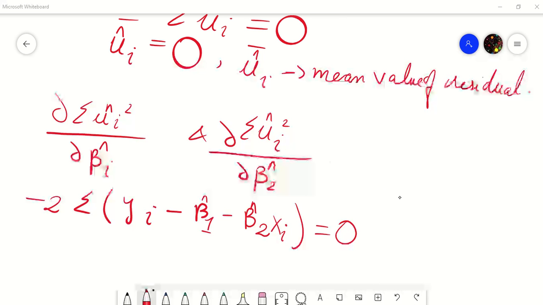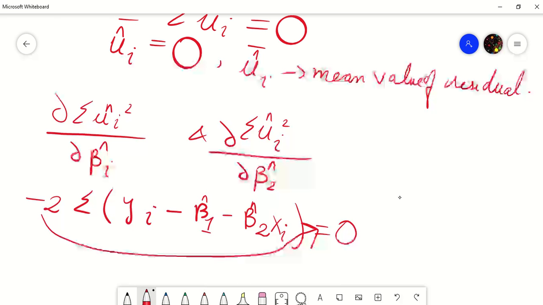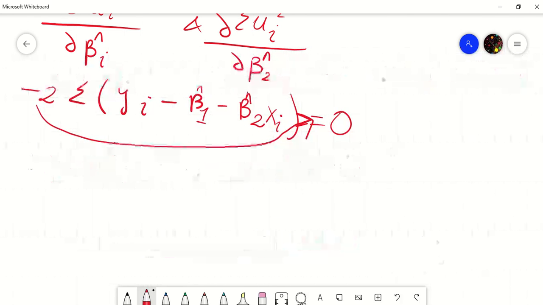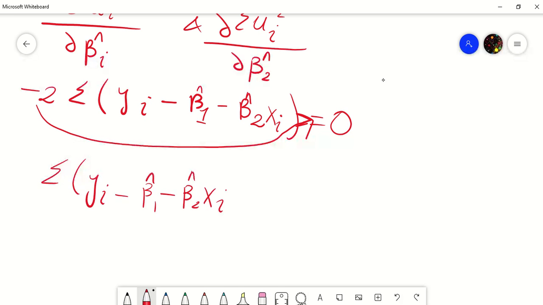Now taking this minus 2 over to the right hand side of this equation, we get summation yi minus beta 1 hat minus beta 2 hat xi equals 0.